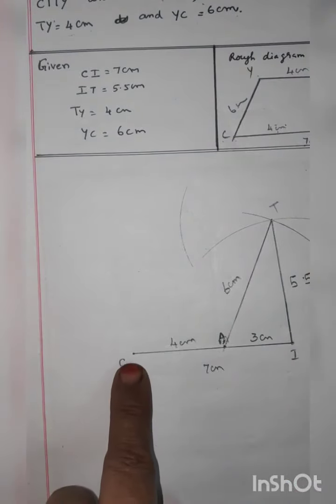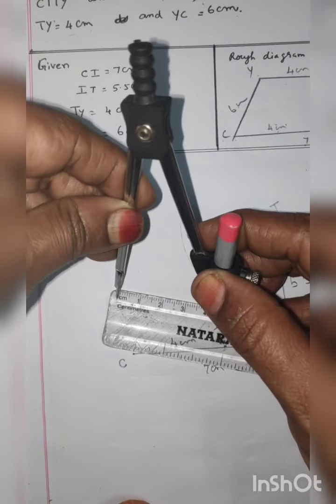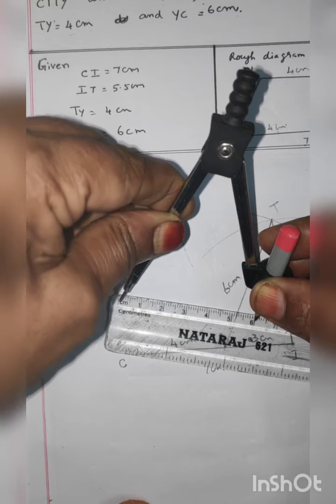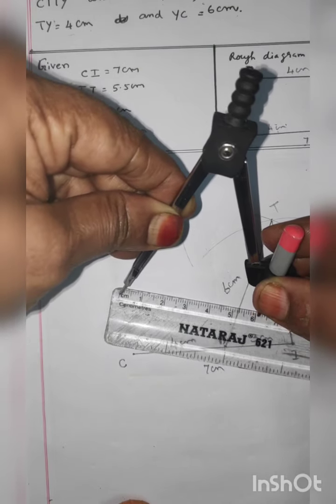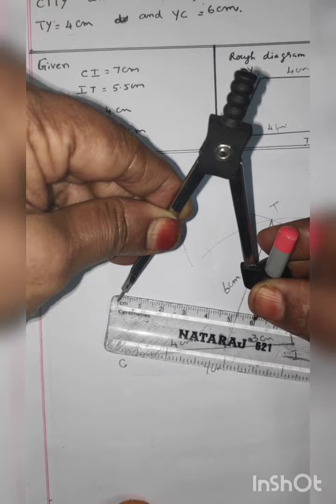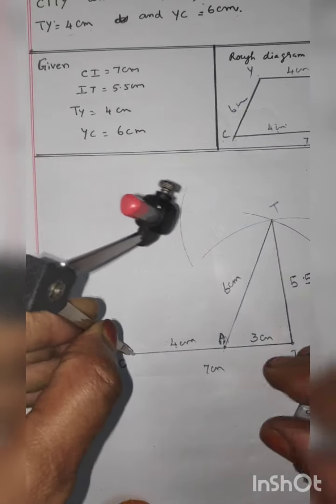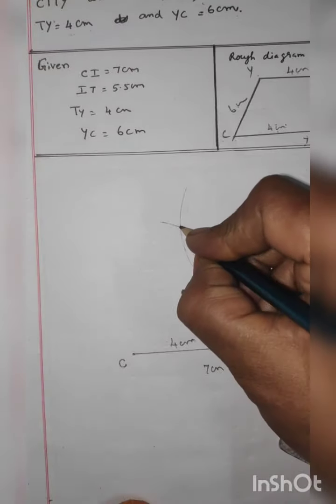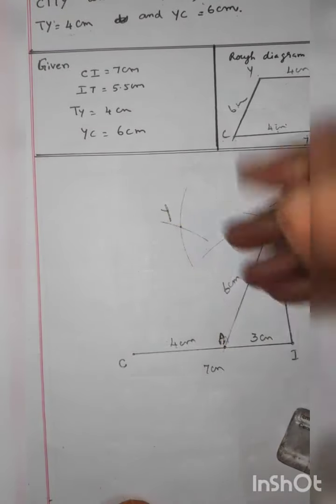Next from C measure 6 centimeter. These 2 points' meeting point is what point? Y point.